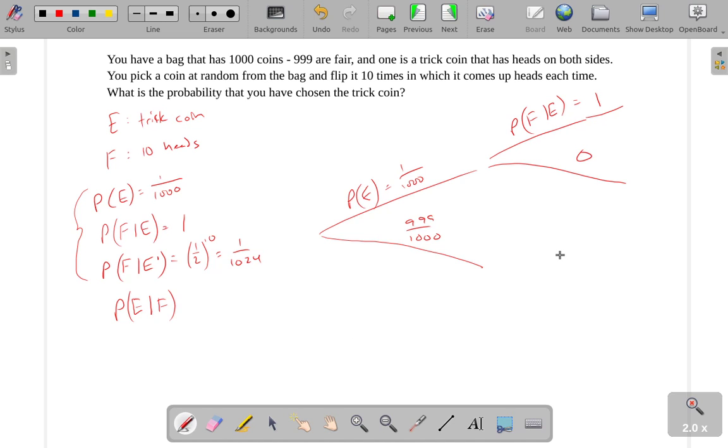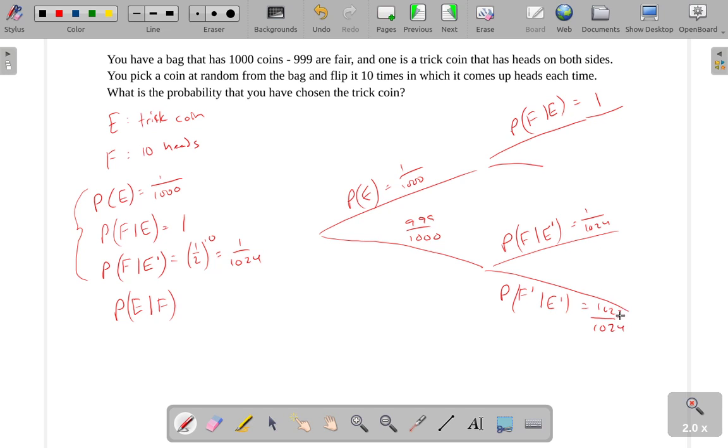And thus the probability of not getting 10 heads in a row would be 0. You could just leave that branch off if you wanted, I suppose, since it does just have a probability of 0. The probability of F given E complement here would be 1 over 1,024, and the probability of F complement given E complement would be 1,023 out of 1,024.